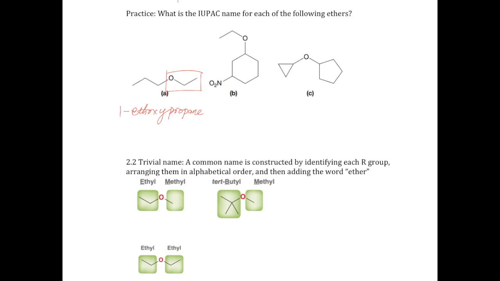Alright, you guys want to pause the video and try these two? Okay, so for B, definitely this will be a substituent, this will be a substituent. So how should I assign numbers? So this will start from E, this start from N, and I would probably do alphabetically because it's 1, 3 either way.